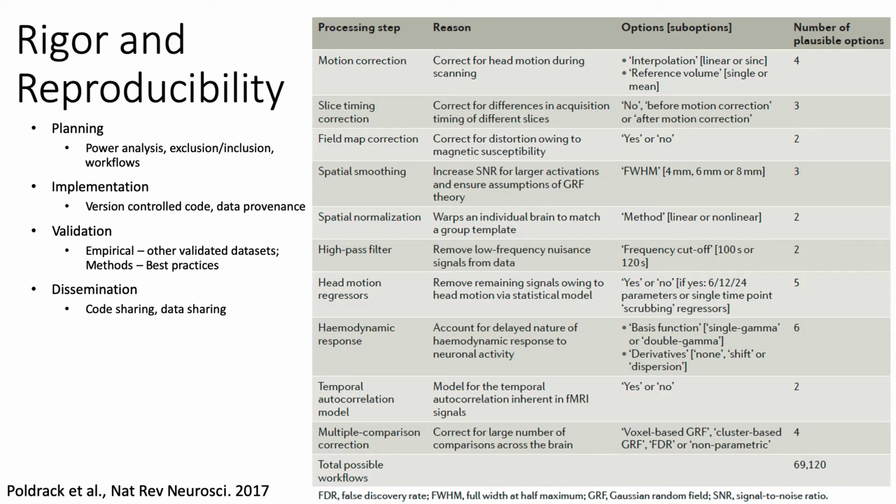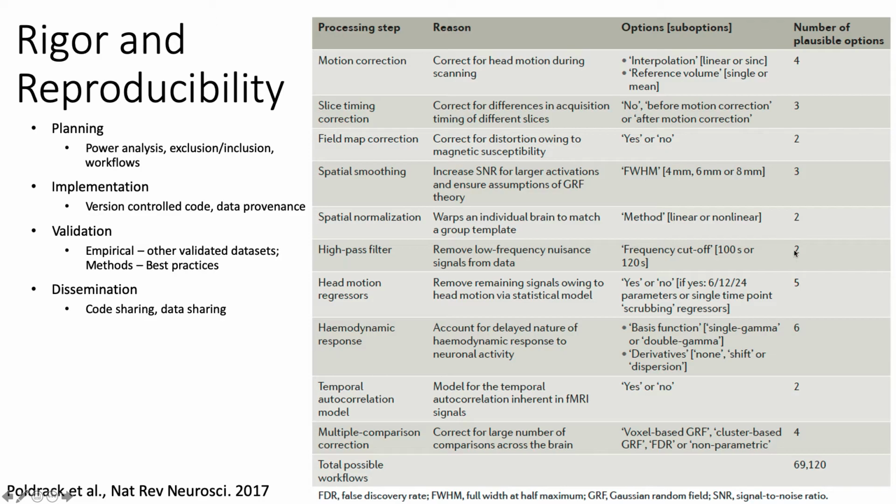And so early on, this table here is from one of Russ Poldrack's papers, and he's just talking about processing, and you've been hearing about that throughout the course, and you'll hear a lot more. But you can see that just at the step of, say, motion correction, there are 4 different ways that you can do this that might be possible. Slice timing, whether you do it or not, how you do it.